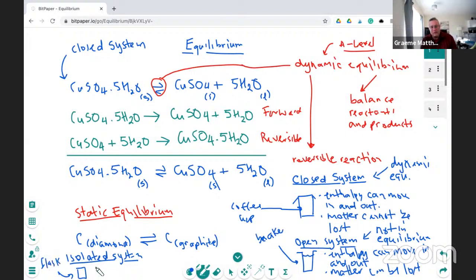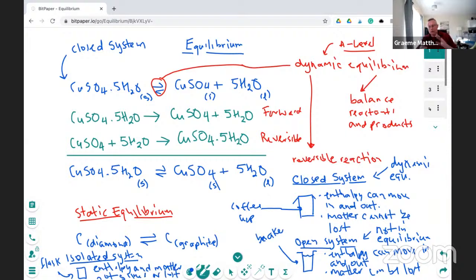All right. I'm going to put down enthalpy and matter not gained or lost. Not gained or lost.